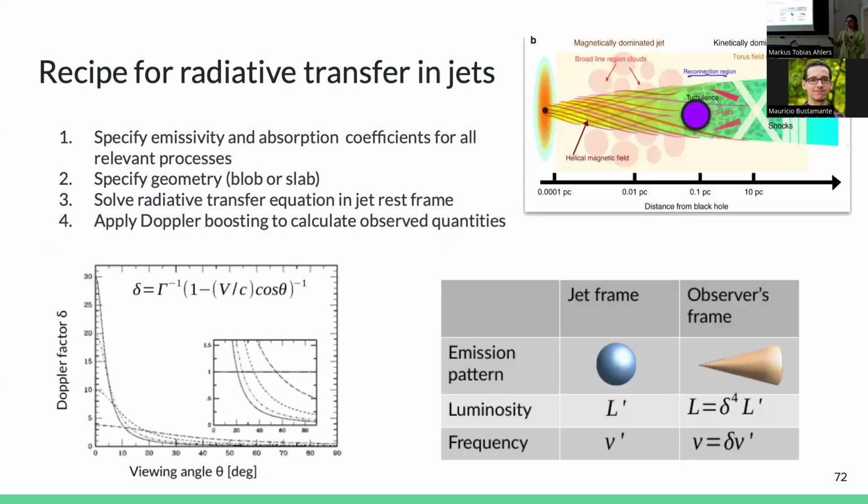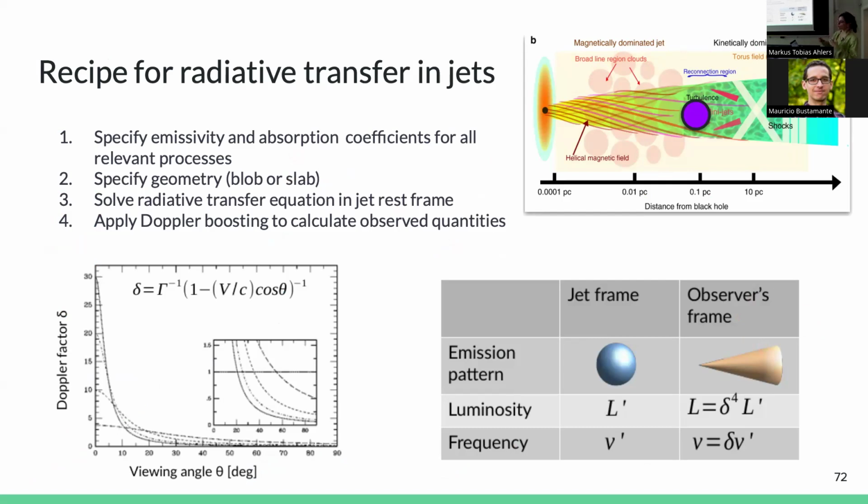And what do we typically do? As I said, we go back to the spherical cow model. We consider a spherical region somewhere in the jet with some arbitrary conditions. Then we account for all the processes that I mentioned before. We specify the geometry. Typically it's a blob or a slab.